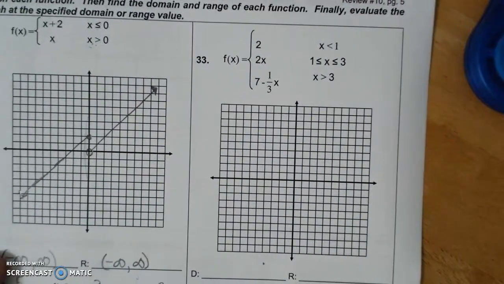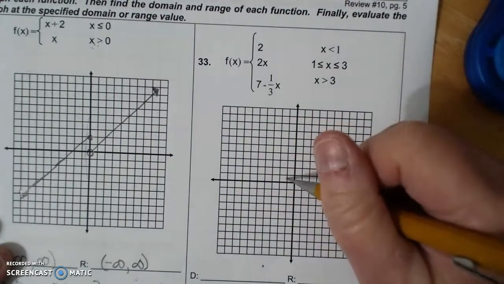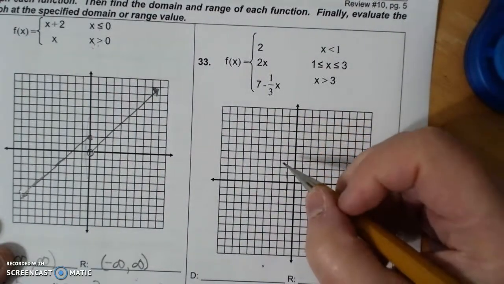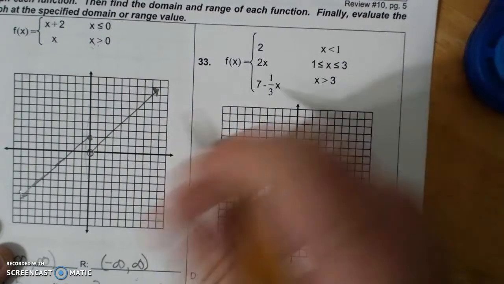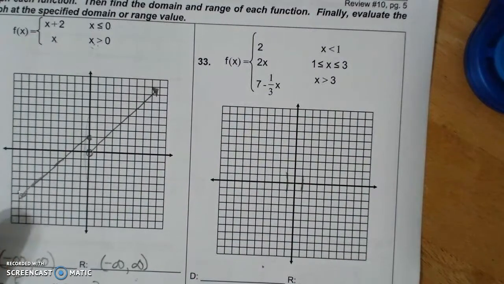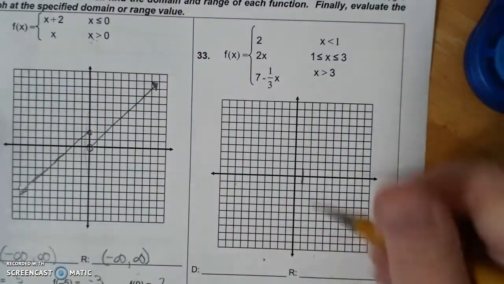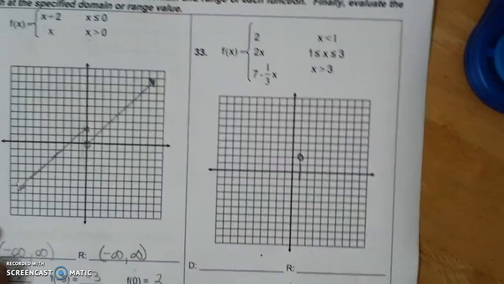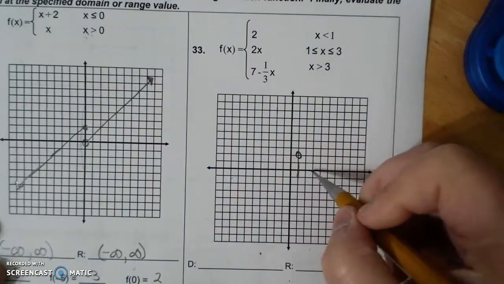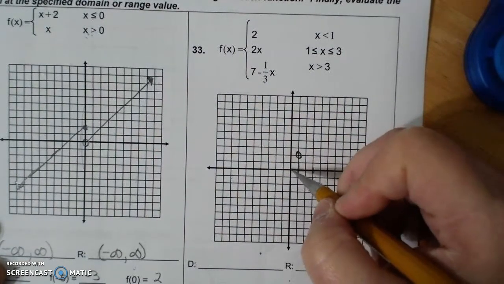Next one. X is less than 1, sorry. X is less than 1 means I'm going to be at 2, so there is an open dot right there. Between 1 and 3, I'm going 2x.